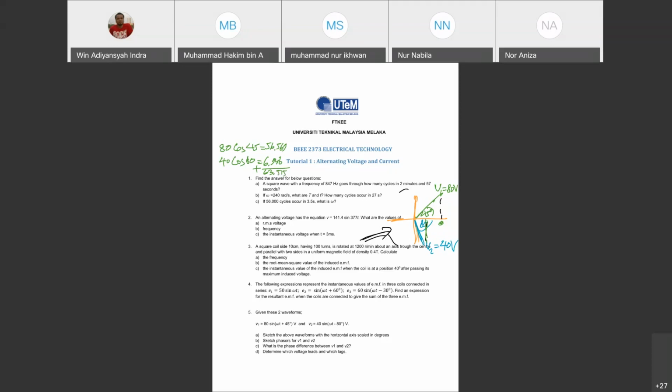Okay, so this is the total horizontal component. Now we need to find the vertical one.